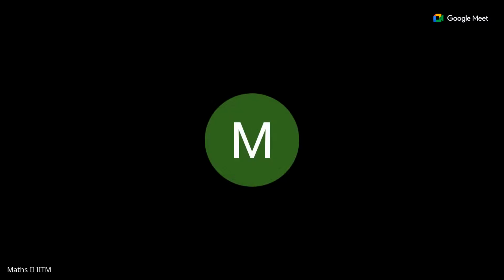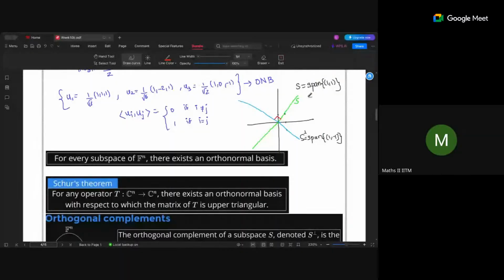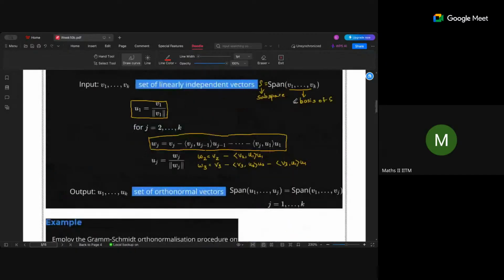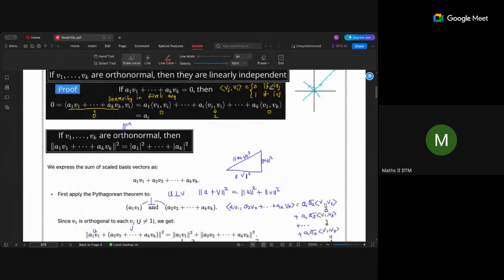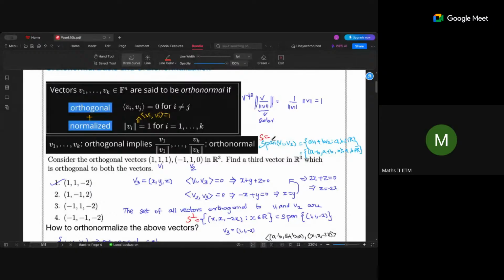So coming back here, what do we see? Here we see that for a line in R2, we can find another line which is orthogonal to this line, right? And in the earlier example, what is the dimension of this S? 2.